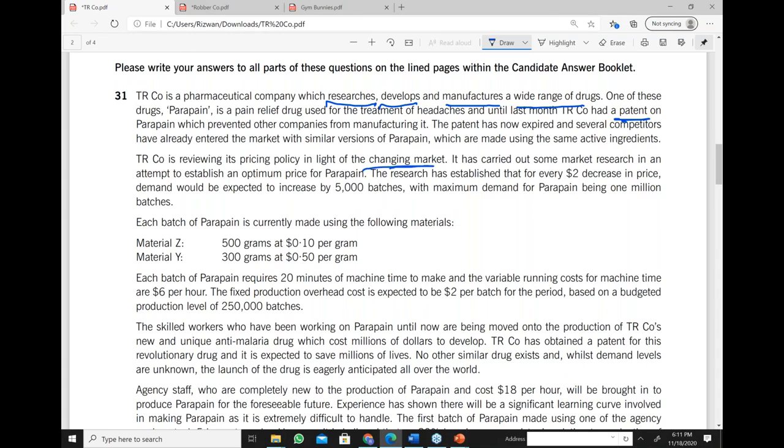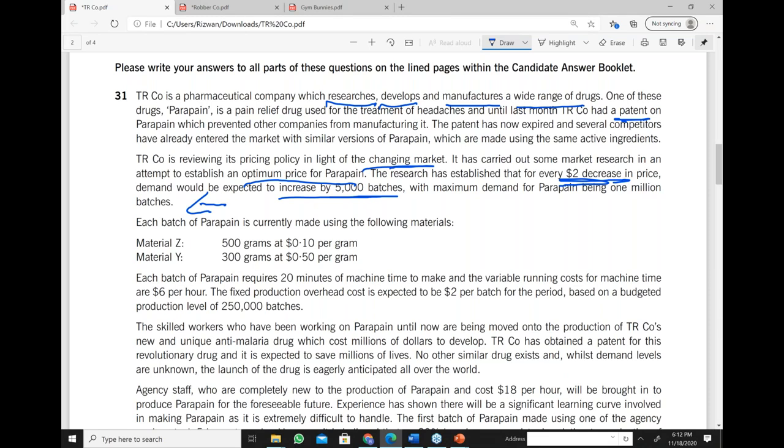It has carried out some market research in an attempt to establish an optimum price for paraffin. The research has established that for every $2 decrease in price, demand would be expected to increase by 5,000 batches, with maximum demand for paraffin being equal to 1 million batches.